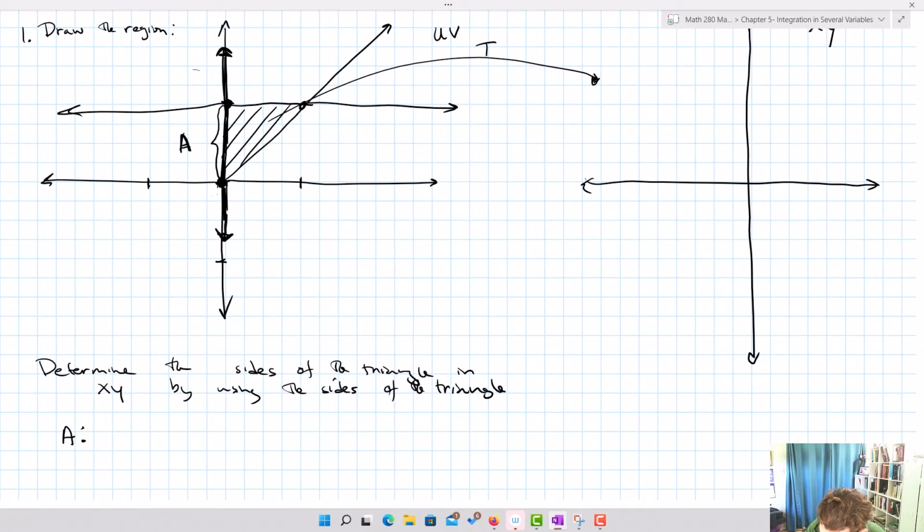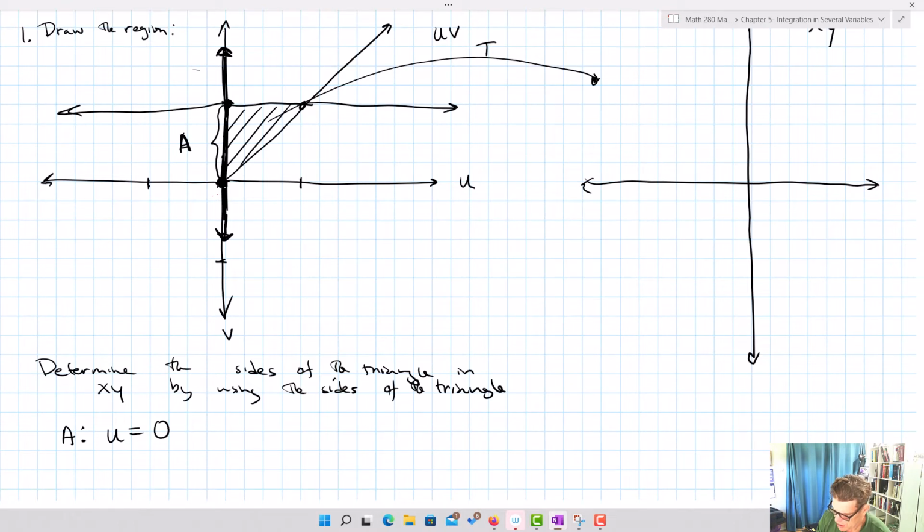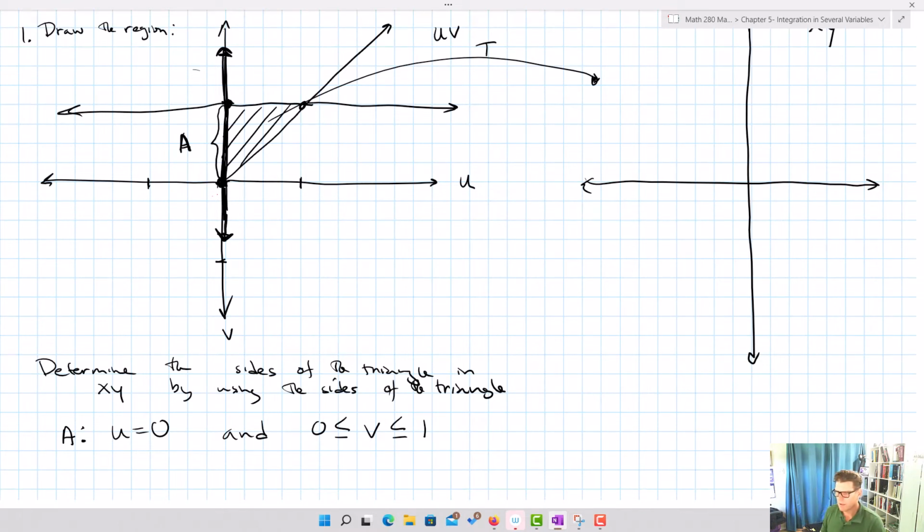If this is the U component and that's the V component, then side A has U equals 0, and V is greater than or equal to 0 and less than or equal to 1. Here's 0, here's 1. On our V axis, we go from 0 to 1, and U just stays equal to 0 for that line.